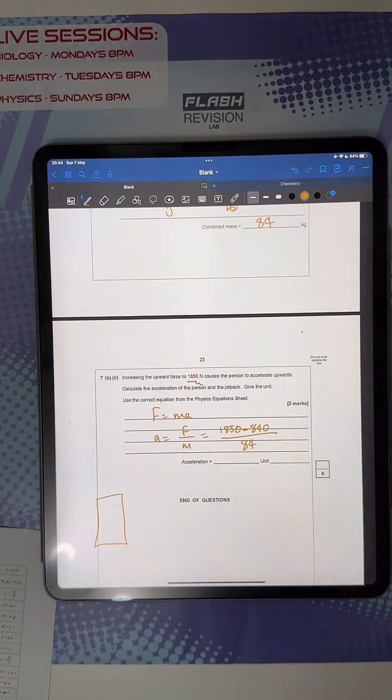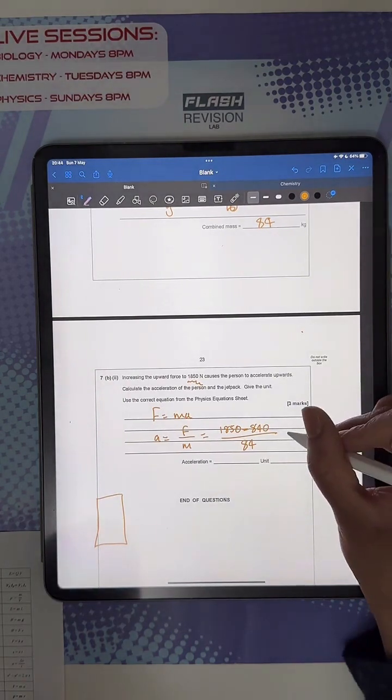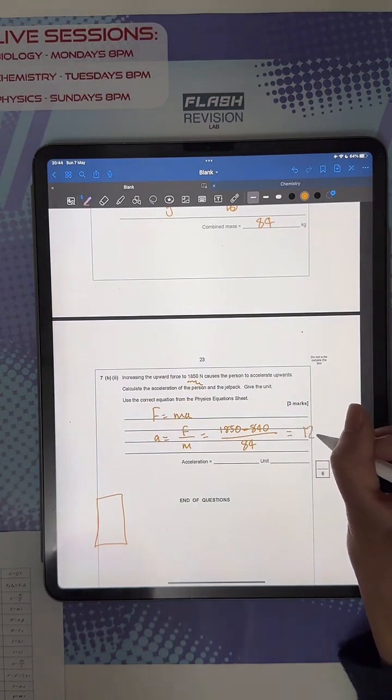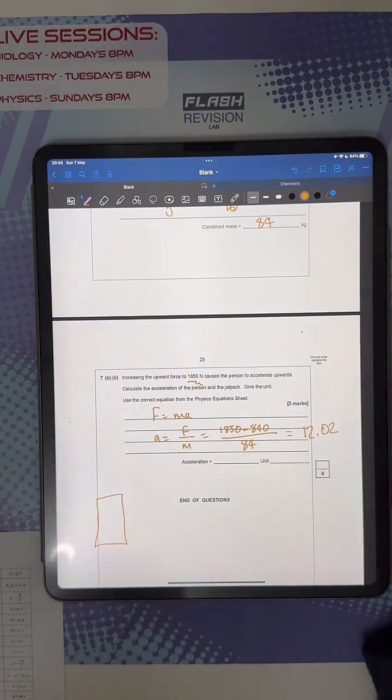Does anyone have an answer? Yep, so 1010 divided by 84. Excellent. What does that give? Yes. Thank you, guys. 12.02. You can get away with saying 12 for this as well.